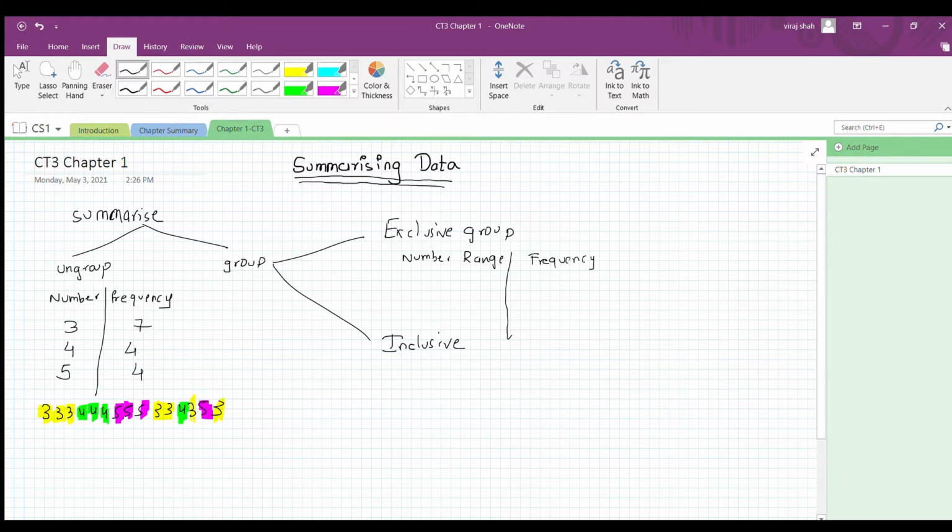So the number range is from 0 to 5, 5 to 10, 10 to 15, and so on. So basically what we will do, if number 5 occurs, we won't include it in the first row. We would include it in the second row. This is what exclusive means.